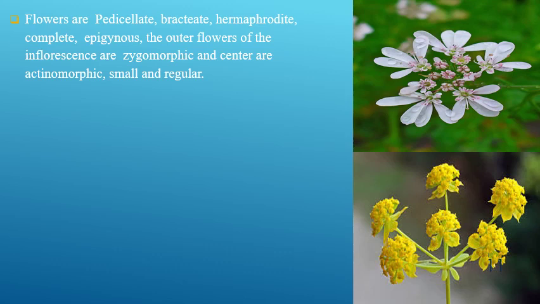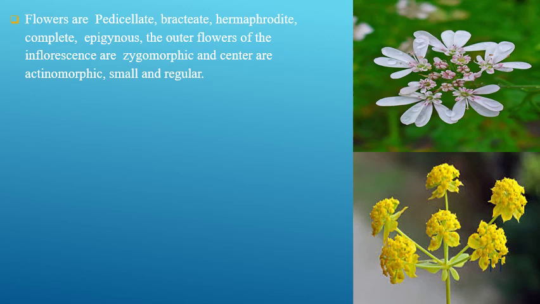while the central flowers of the inflorescence are small and equal in number of petals. So due to this, the symmetry of the flowers present in the center of the inflorescence is actinomorphic.